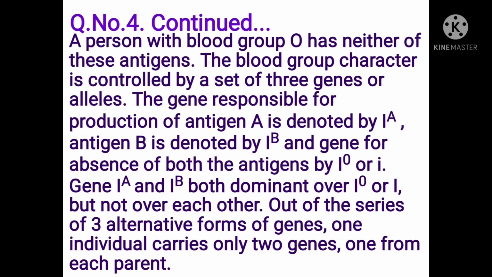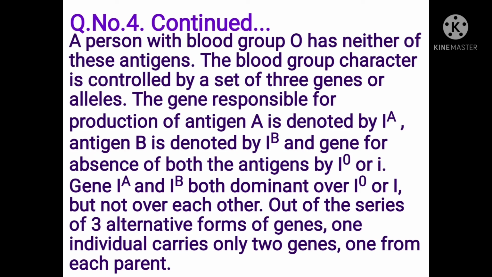The gene responsible for production of antigen A is denoted by IA. Antigen B is denoted by IB, and gene for absence of both the antigens by IO or small i. Gene IA and IB both dominant over IO or i, but not over each other.